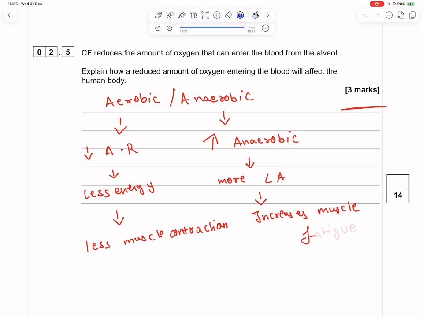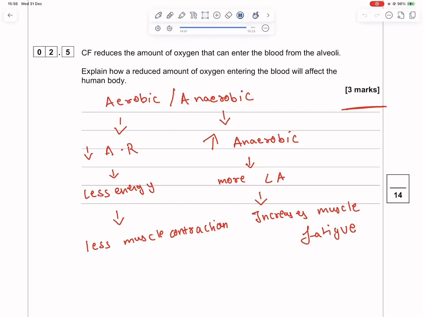Well done again for keeping up throughout the question. We are just in the last few minutes. So, if less oxygen is available, aerobic respiration decreases. This means less energy is released, resulting in weaker muscle contractions. Alternatively, the body switches to anaerobic respiration, which produces lactic acid.